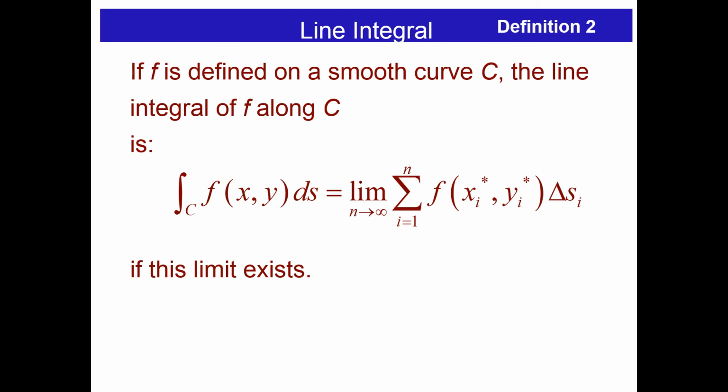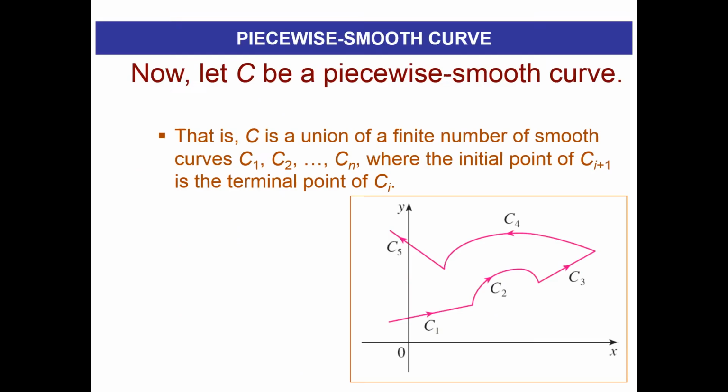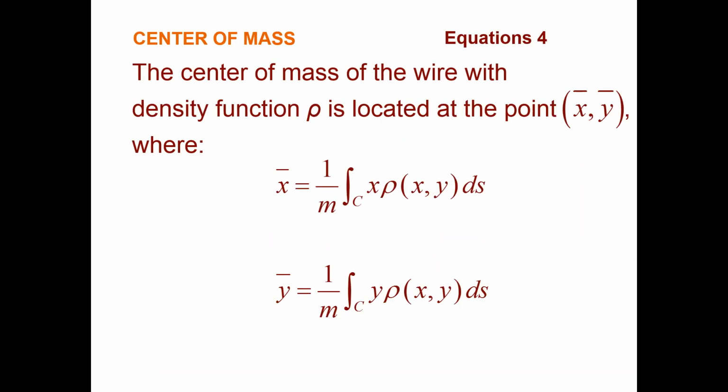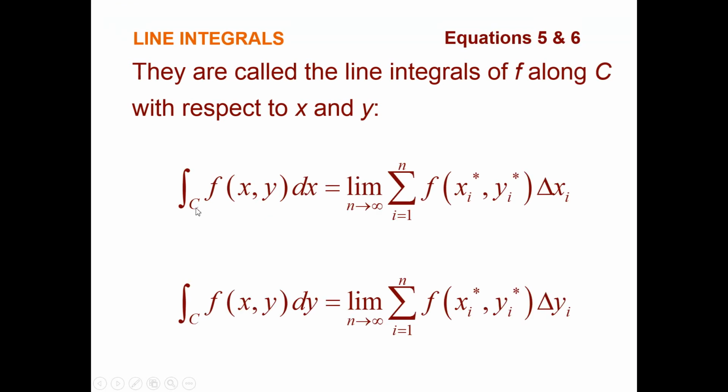Initially we defined the line integral as a sum. If we replace delta s_i by delta x_i or delta y_i, the resulting integrals become the line integrals of f along C with respect to x and with respect to y respectively.